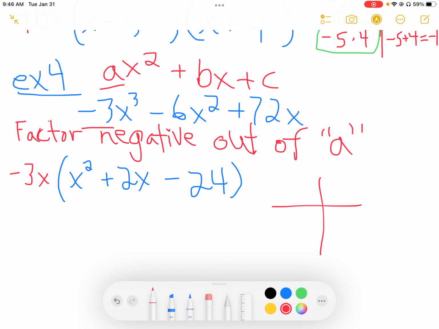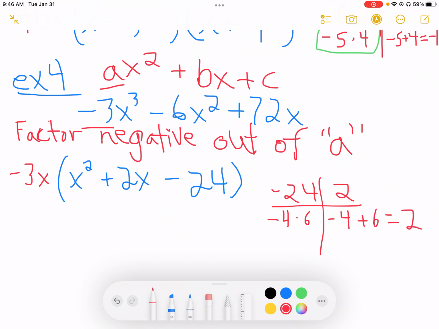So my t-chart here, I'm going to go a little faster with this one. So minus 24. You can pause the video if you want to think about them first. That'd actually be a good idea. But I say, okay, I need a negative number. I can already see that I'm going to need a minus 4 here, and I'm going to need a positive 6. So if I do minus 4 plus 6, that's also going to get me 2.